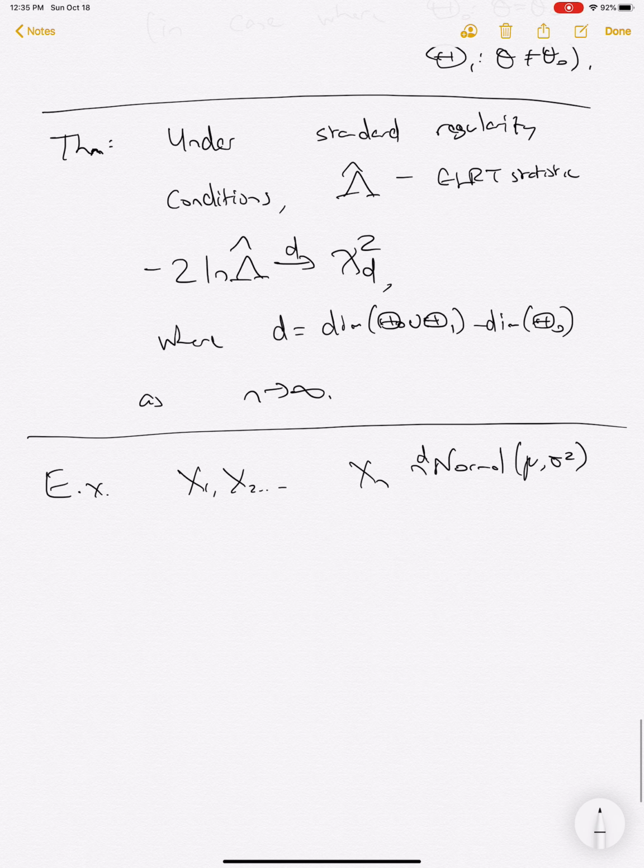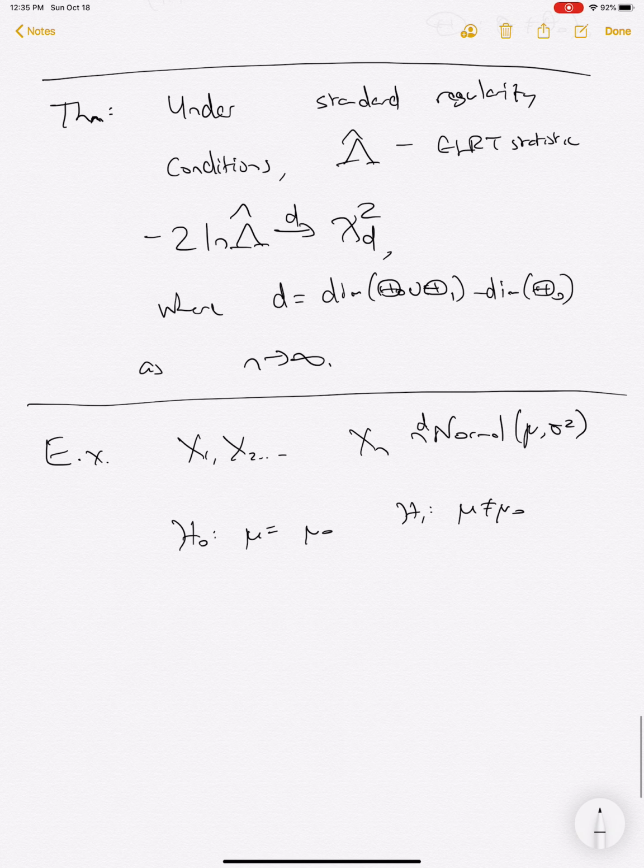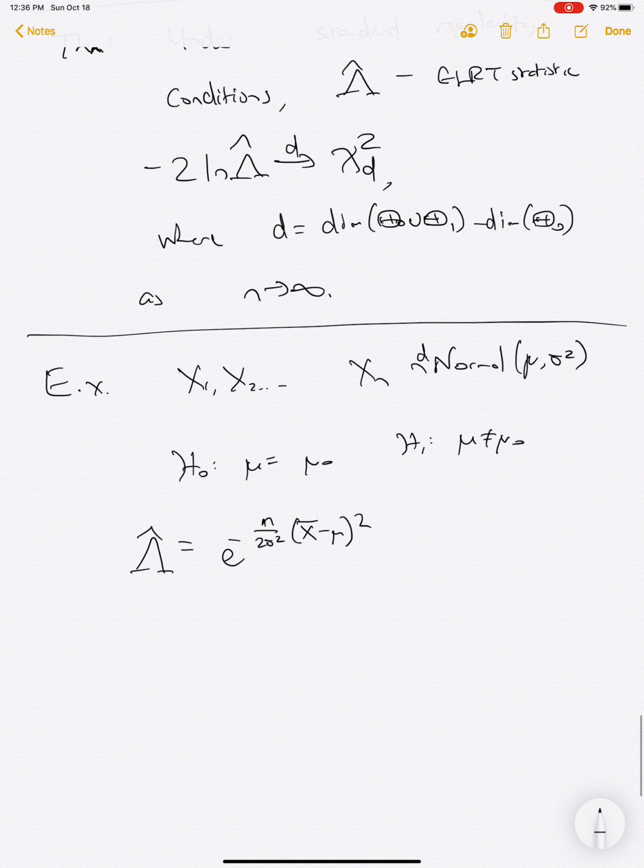X1 through to xn have mean mu and variance sigma squared. H0 is mu equals mu 0. H1 is mu not equal to mu 0. So we learned from before what we got for the form of the likelihood ratio statistic here.